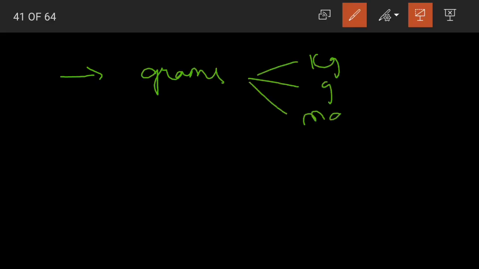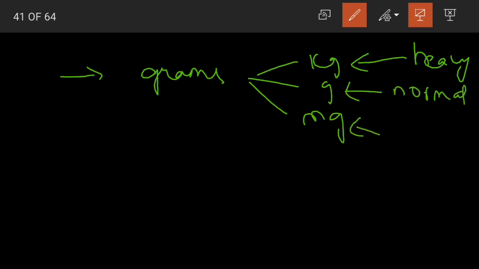Again, let us revise. We are having 3 measurements for weighing the mass. The standard unit of measurement is grams, and in that we have kilograms, grams and milligrams. Kilograms is for the very heavy objects, grams is for normal weighing objects and milligrams is for very light objects or very small objects which have very less mass.